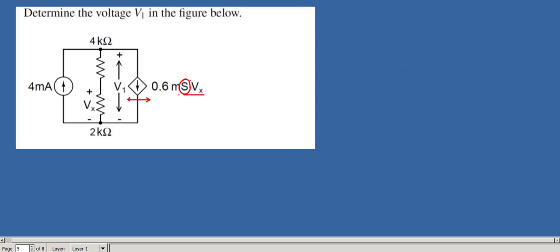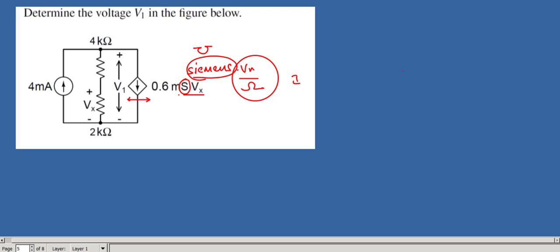Siemens, millisiemens, into Vx. What is Siemens? Means conductance unit. Conductance unit is mho. So inverse of mho is ohm. So voltage per ohm is current. So indirectly he is giving 0.6 milliamperes. So 0.6 millisiemens into Vx.